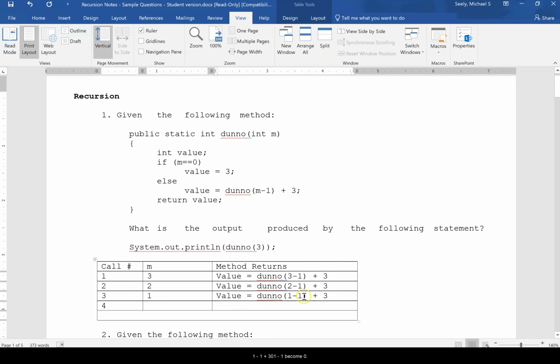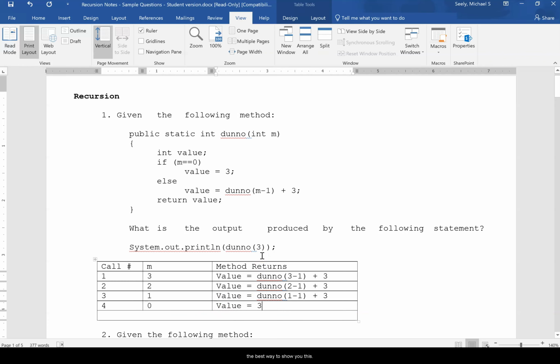So 1 minus 1 becomes 0. And so then we've got 0 is equal to 0. So then we have value is equal to 3. Okay? So then we've worked our way down what I call the stack. Now we've got to work our way back up the stack.